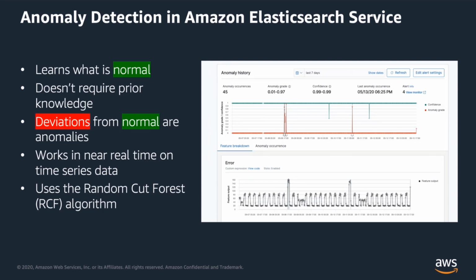And now let's learn how anomaly detection actually works within Amazon Elasticsearch service. As I said earlier, anomaly detection basically learns from your data. It learns to classify whether this particular data is considered normal, or is this a large deviation from what's considered normal and therefore should be flagged as an anomaly.